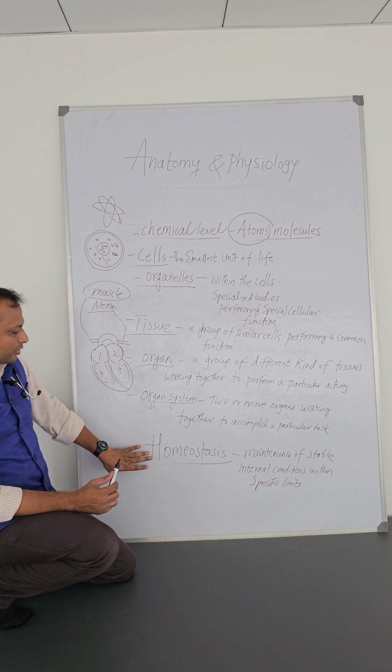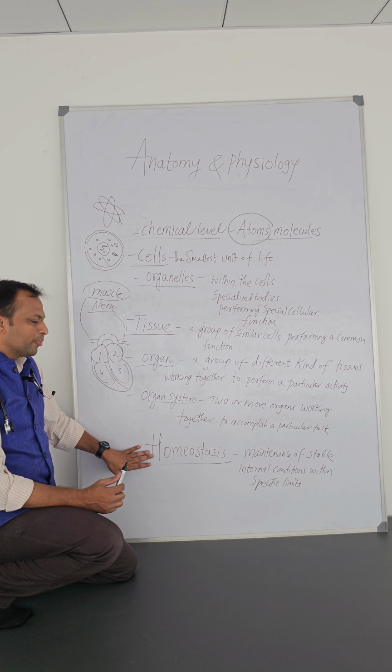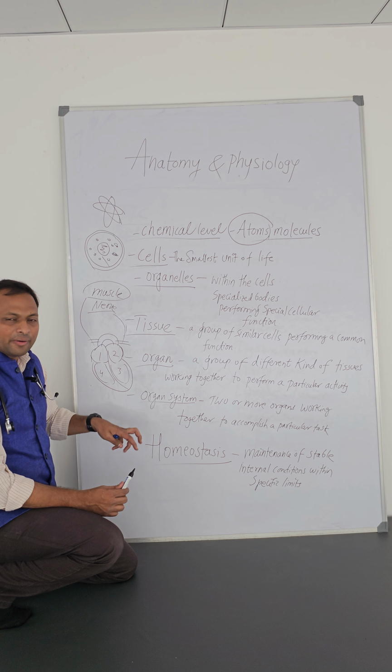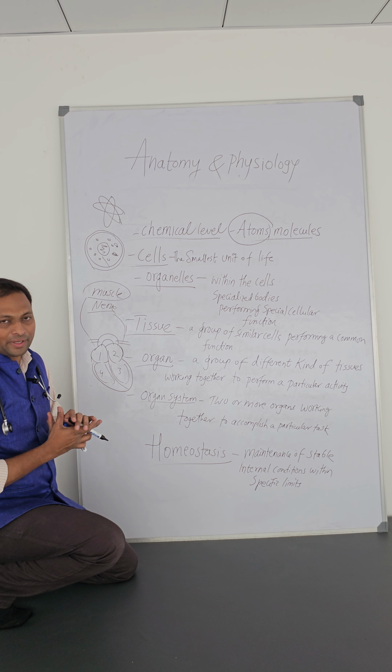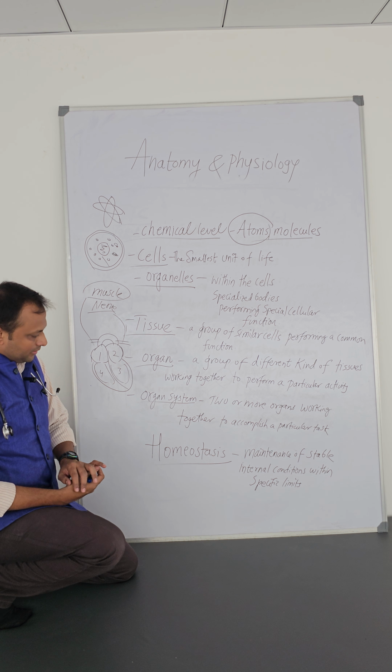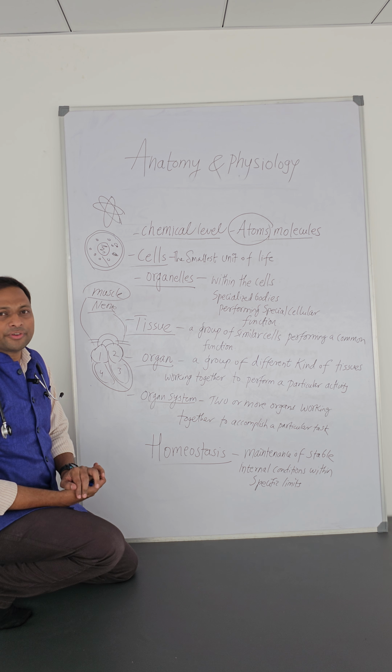So one more important word is homeostasis. Our body wants to be in equilibrium all the time. It wants to be balanced, just like the definition of yoga. Yoga is sthiram sukham asanam, and equilibrium is yoga.